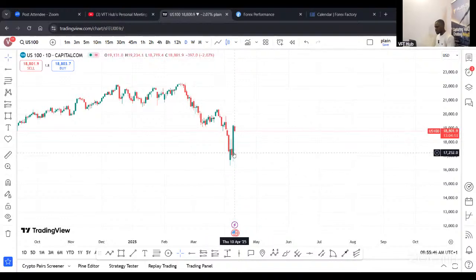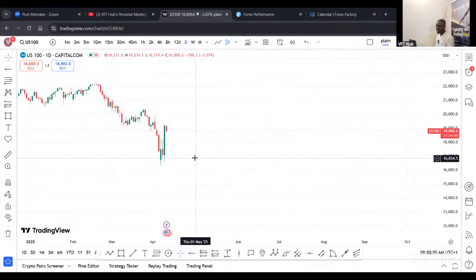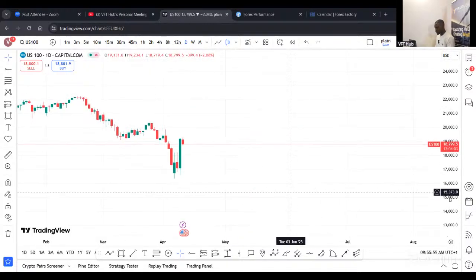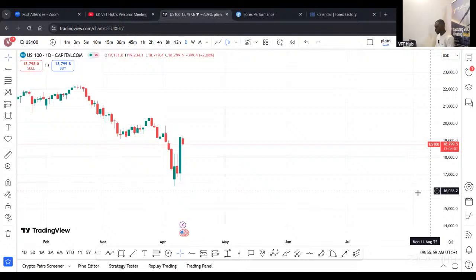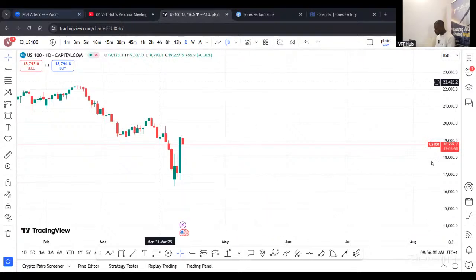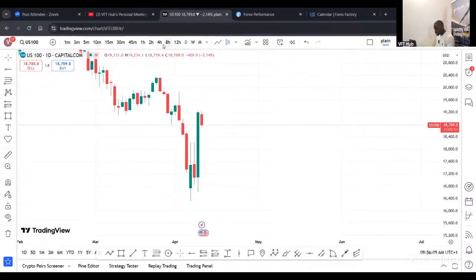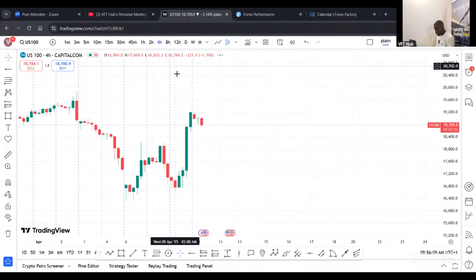Of course, the news yesterday triggered this bullish move. This is the greatest surge back to the market seen since 2001, over 2,900 points, if I'm not wrong. So it's a beautiful day for the US market, but we'll keep looking for opportunities in the market.